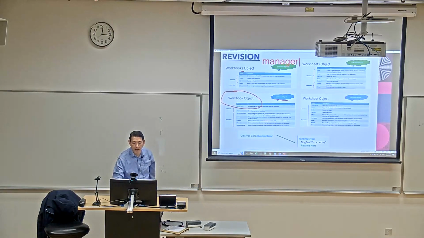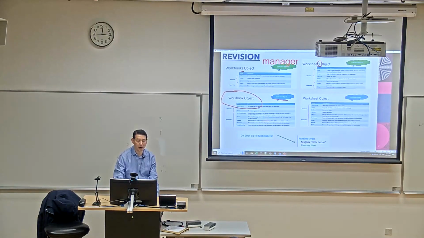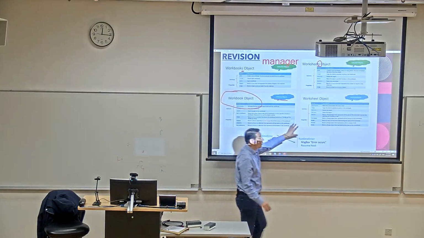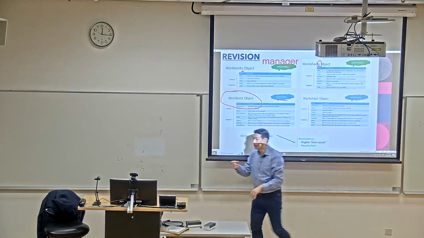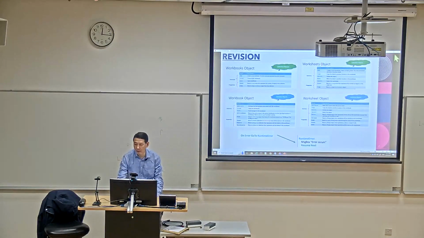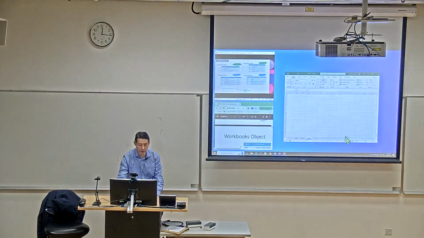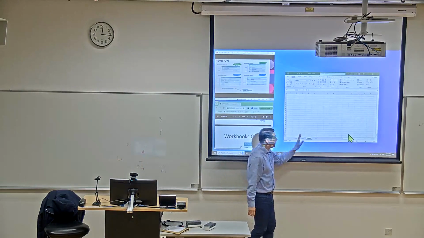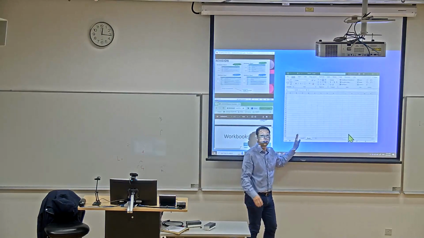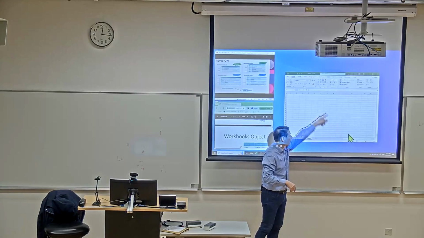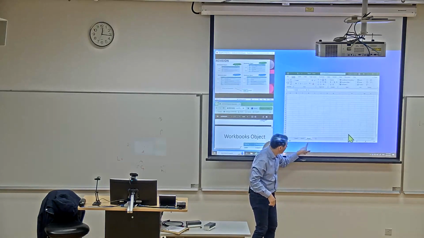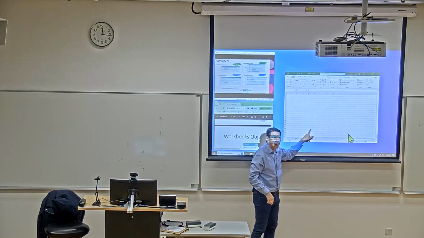Now we have another workbook, another manager, which is this one, to manage all the existing worksheets. Just now in my Excel file, I opened three individual worksheet objects. They are responsible for their own worksheets, their names, and also the data in the worksheets.